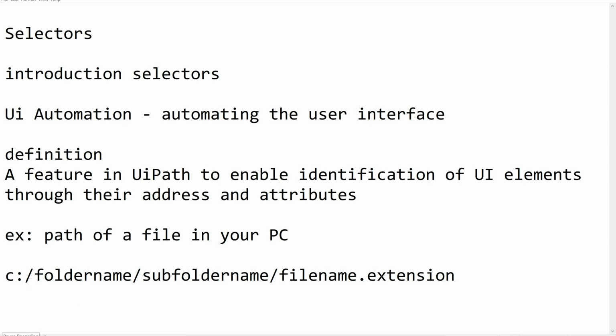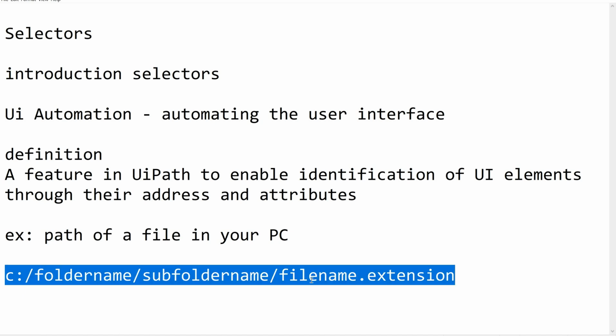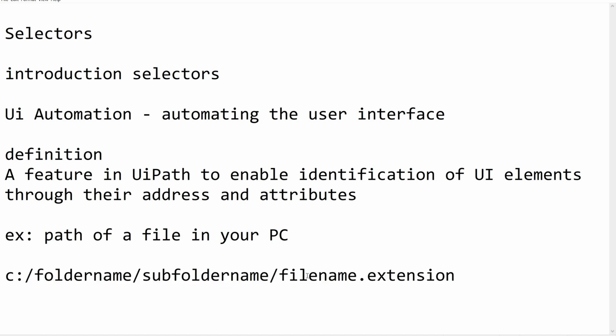So this is similar to this scenario, like when we want to find a file in our local disk, we are supposed to traverse through the folder, subfolder. Maybe there might be n number of subfolders, like subfolder 1, subfolder 2 and something like that.